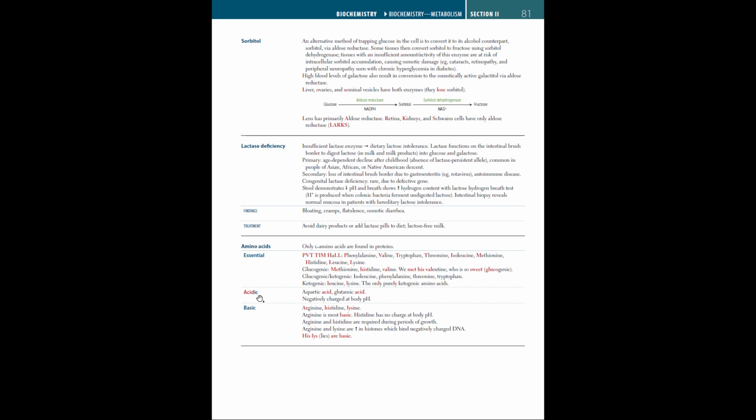Next, we have the acidic amino acids, and these are aspartic acid and glutamic acid. And they're negatively charged at body pH. Now, to remember the basic amino acids, remember His, Lys, or His, Lys, Arg are basic. And arginine is the most basic amino acid.